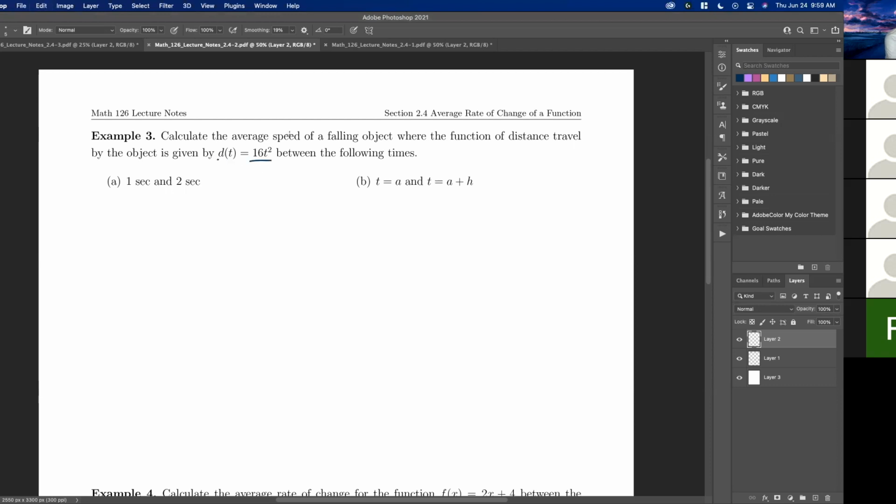This is usually in feet, pretty sure, because if it were meters per second, it would be a different number up front. So calculate the distance traveled by an object. We just want to know how far it's fallen.